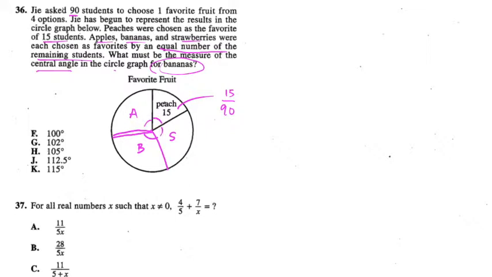What we can do is find the angle measure of the 15 and then subtract that from 360, whatever that is, and then divide that by 3, and that will be the angle measure for bananas.